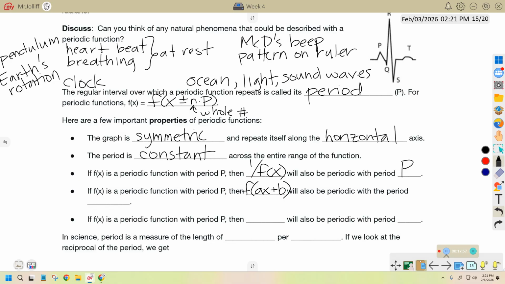If I'm looking at horizontal transformations and it's a dilation, my new period is going to be the period divided by the absolute value of that dilation factor. I don't expect you're going to remember that. You are going to see it with some activities we're going to do the next couple of days as you get familiar with these functions.